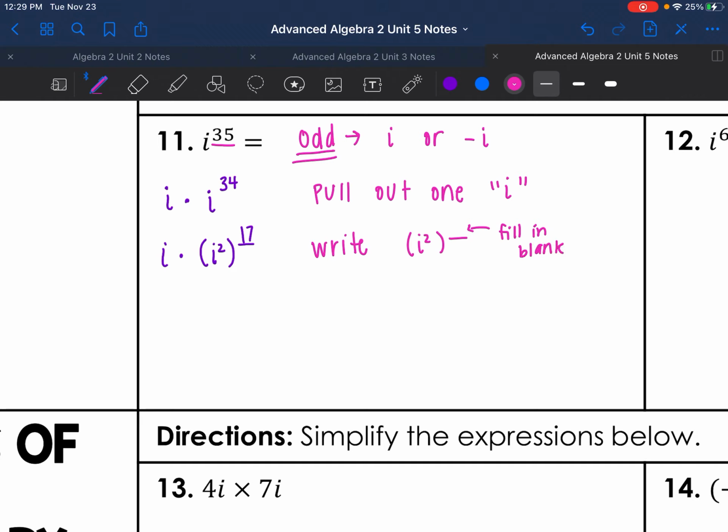So whenever we have an even exponent, and that 34 became an even number, we can write it as i squared to some power. And we're going to fill in the blank. So i squared to the 17th power.